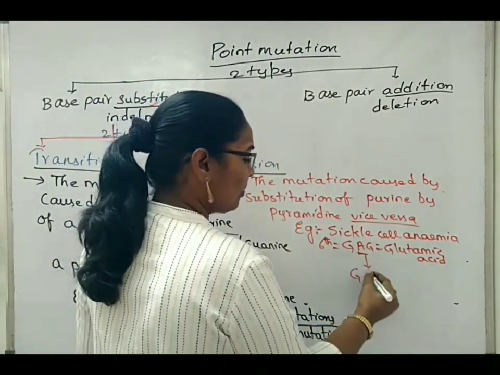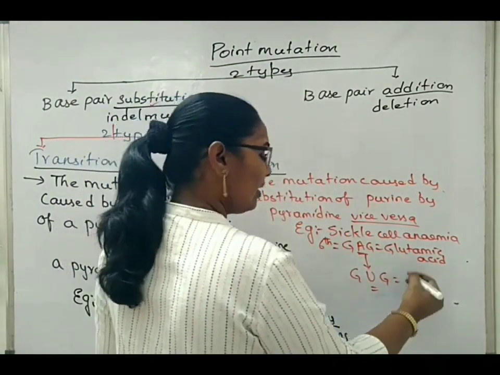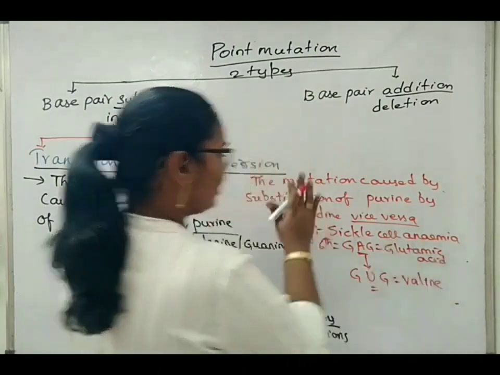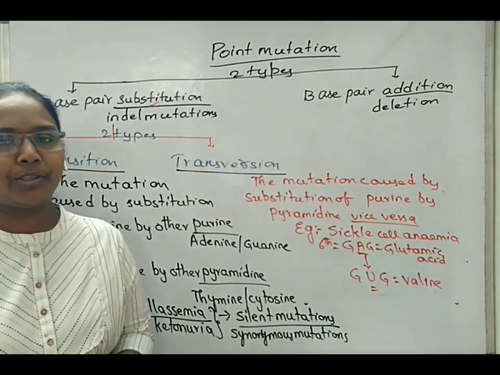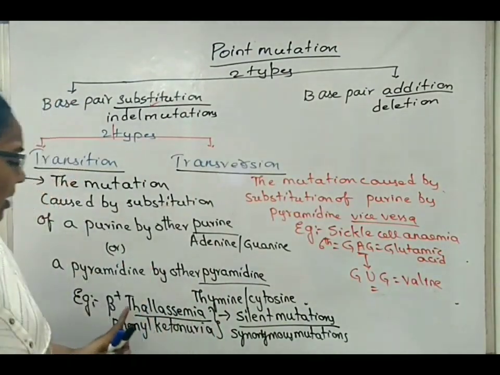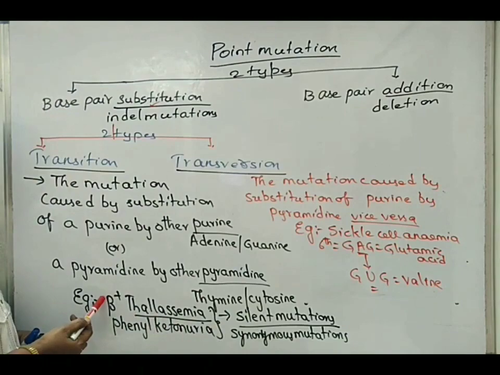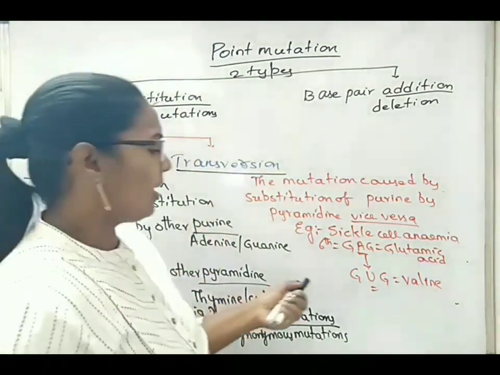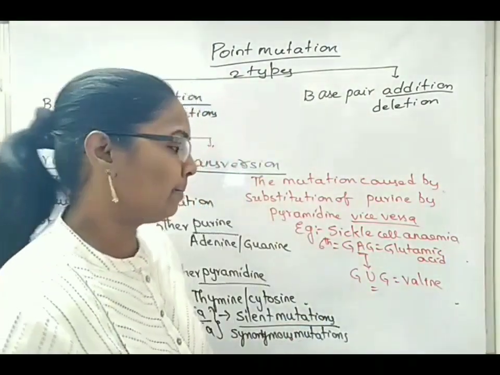So if this adenine is replaced by uracil, then it codes for another amino acid, that is valine. So this can be considered a transversion type of mutation. Under transition type, we have seen two disorders, beta thalassemia and phenylketonuria. Under transversion type of mutations, we can see examples like sickle cell anemia.